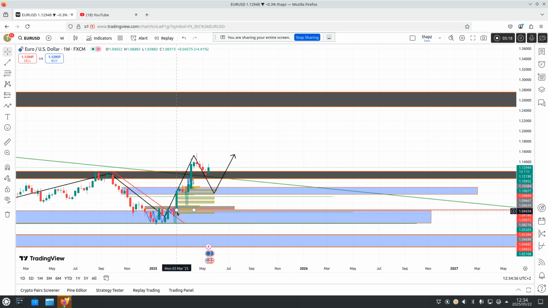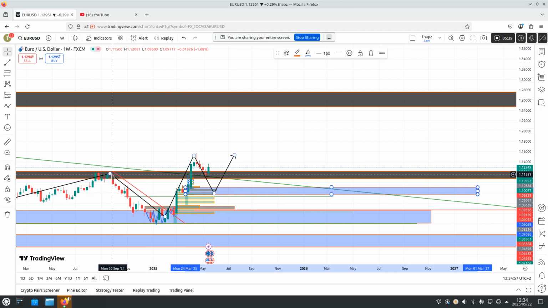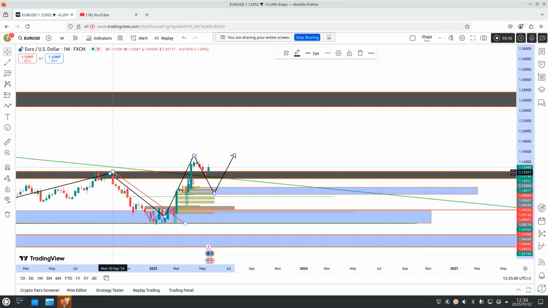Now it has broken this area. This was supposed to be a second supply, and it didn't work out. But currently we are looking at this demand zone, which was created to break the latest high so that we can create a new higher high.